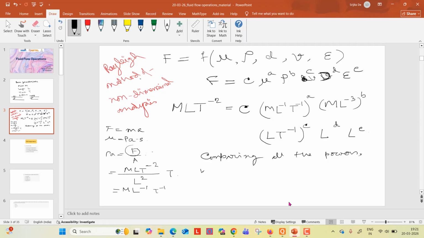For M, it is 1. M is to the power 1 on the left, and M to the power a on the right. Taking it to the left side, it is 1 minus a minus b, since there is no other M, equals 0.